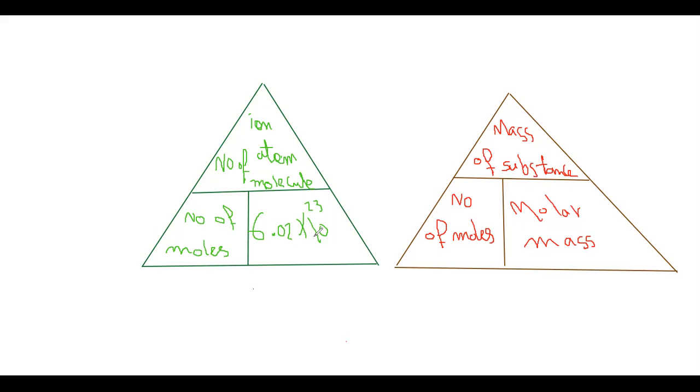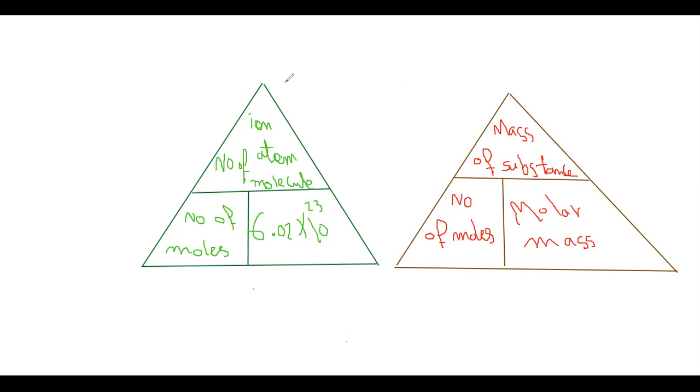Right? So number of molecules equals number of moles times Avogadro's number. Do you understand? Any problem?